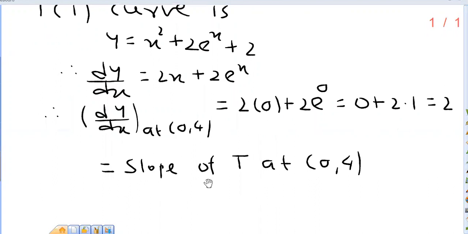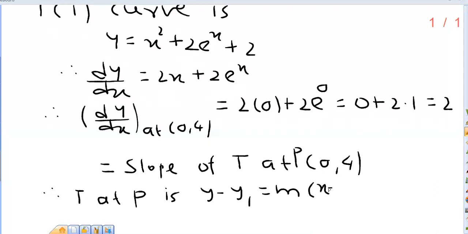I name this point P. Therefore, tangent at P is y minus y1 equal to m into x minus x1, where m is the slope.